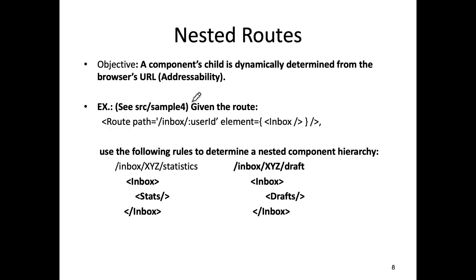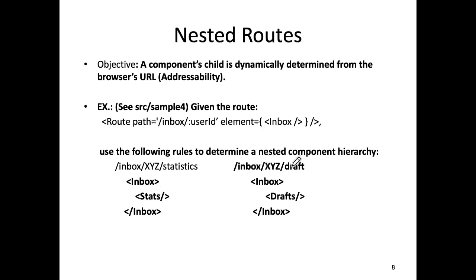So we're told here that given that you've got this route entry in your routing configuration, the one that we've had all along so far, furthermore down here, if the browser's URL address has this structure to it, in other words, if there's a slash statistics part appearing after the user ID part, then I want the inbox component to be mounted as before, and it can do all it did previously. But I want it to have a child component, which is going to be the stats component, which let's say displays some statistical information about the user's inbox usage.